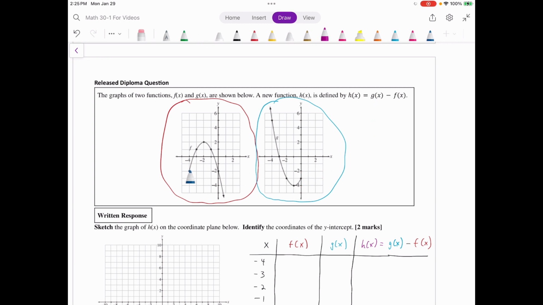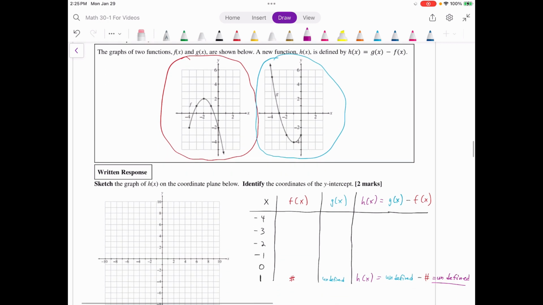Same goes on the flip side over here for when x is negative 5, for example, f of x doesn't exist. It stops right there. So h of x is not going to exist when x is less than negative 4 either, right? Because h of x requires us to have a defined f of x. We can't do g of x minus undefined and get a defined answer.